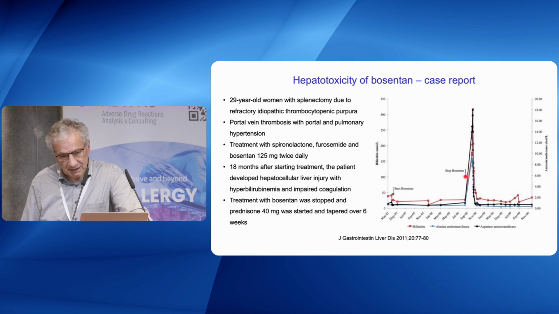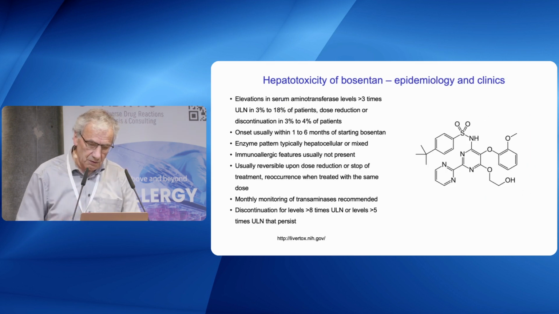It was suspected that this could be bosentan, and the patient also received a treatment with prednisone, which may have been beneficial or not. And maybe it's only stopping bosentan which then cured the patient, and you see everything went back, and the patient was not re-exposed to bosentan.